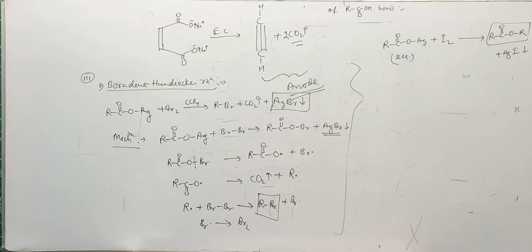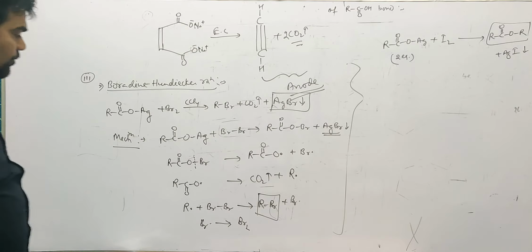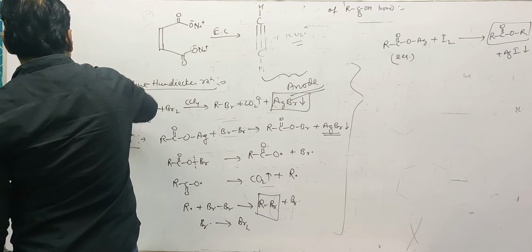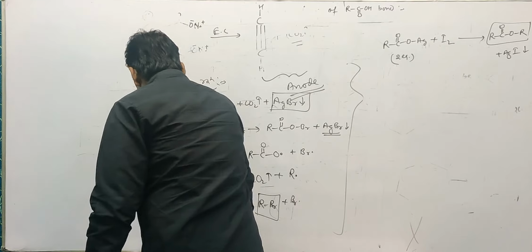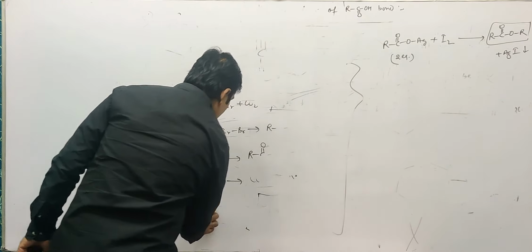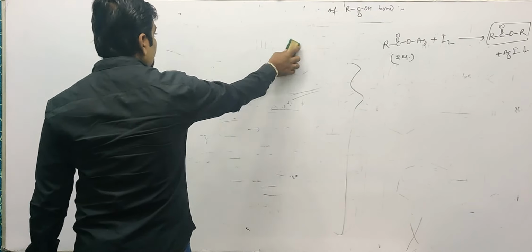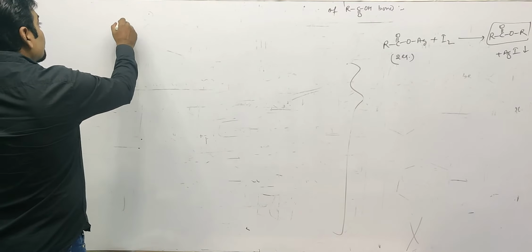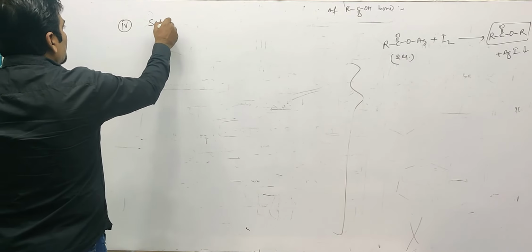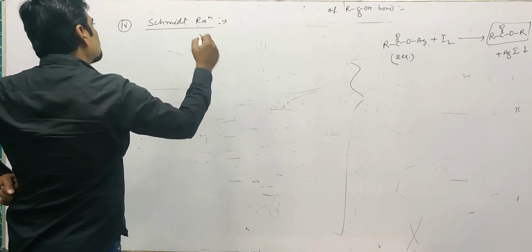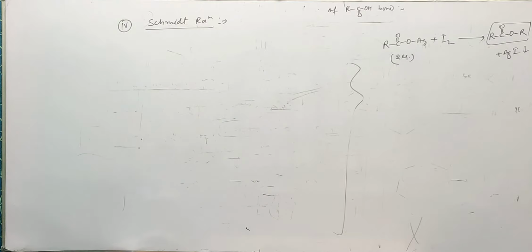Next is the Schmidt reaction. This is the fourth way to decarboxylate carboxylic acid. So what is this?